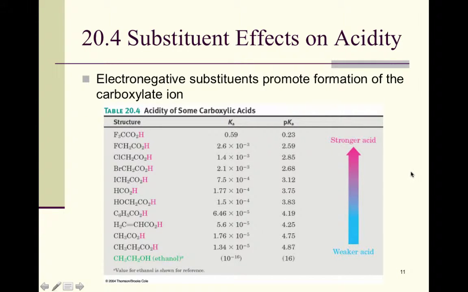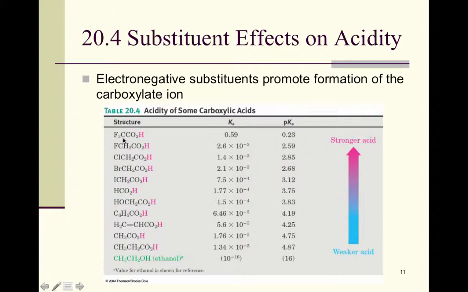Substituent effects on acidity. So the more things we have on our carboxylic acid, that can change its acidity. Table 20.4 shows us the acidity of some carboxylic acids. Here we have a carboxylic acid, total of 2 carbons, and instead of having any hydrogens there, it has a highly electronegative fluoro here, in fact 3 of them.